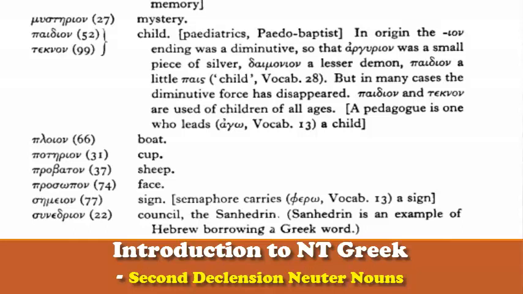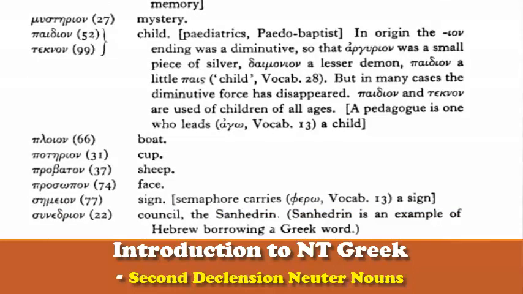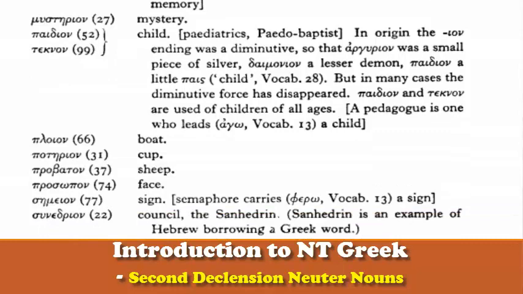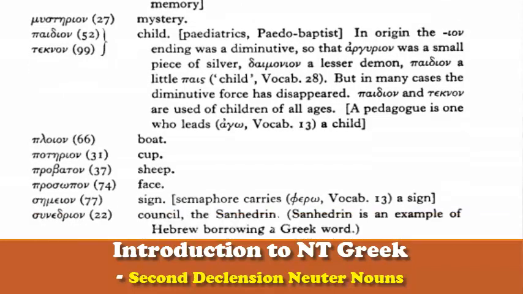mysterion. That is the word which means mystery. Paidion means child. Another word which means child is teknon. Now let's move over to the next. Ploion means boat.